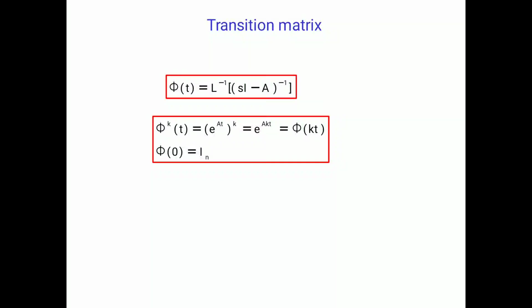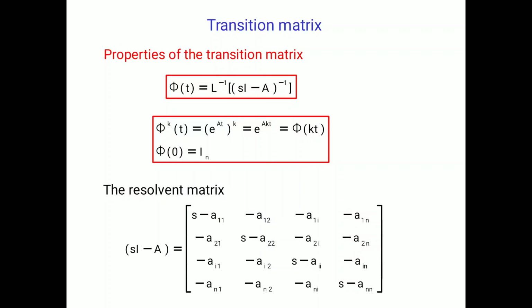So the state transition matrix phi of t is the Laplace inverse of (sI minus A) inverse. There are some properties of the state transition matrix which can be asked in many examinations on control systems. Phi of t is e raised to At, so if the time t is equal to 0, it becomes 1. sI minus A is called the resolvent matrix, which is important here to match the order of the equations.